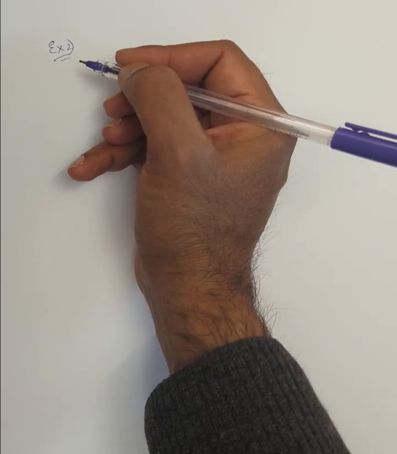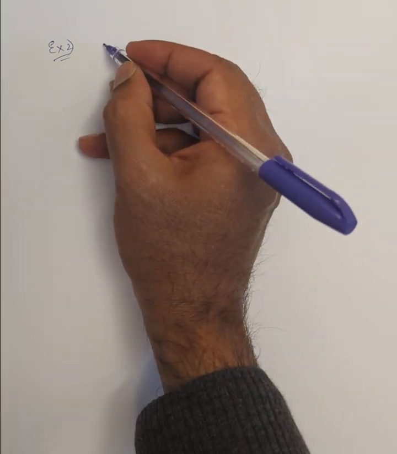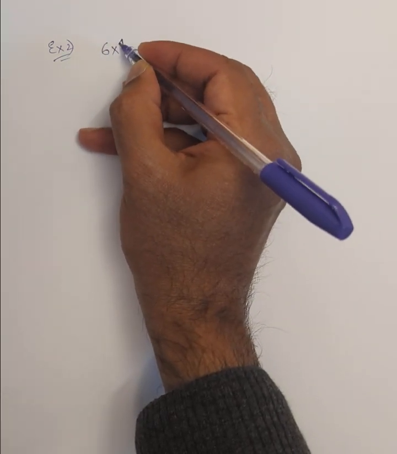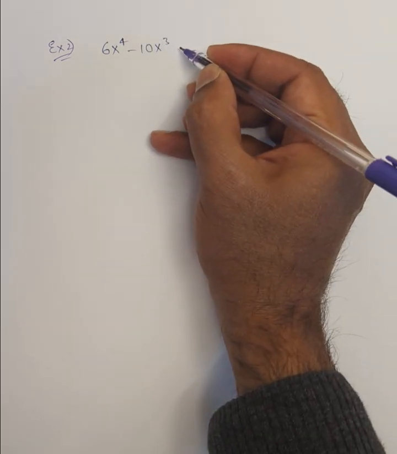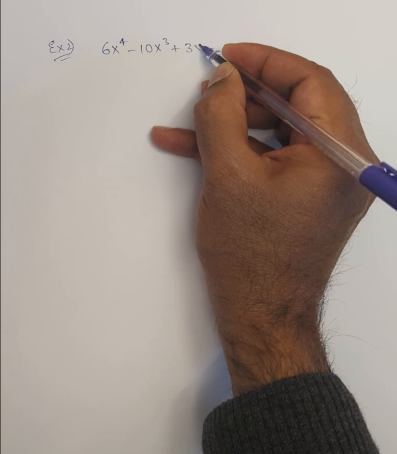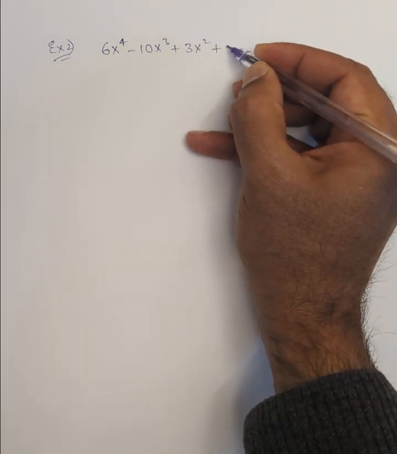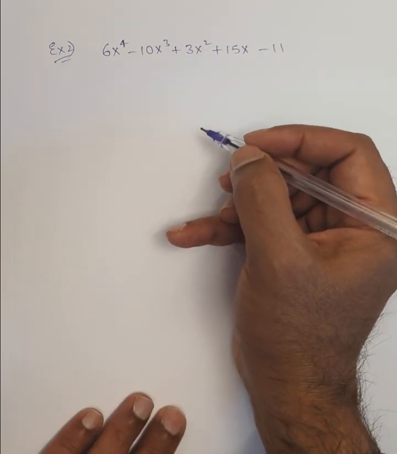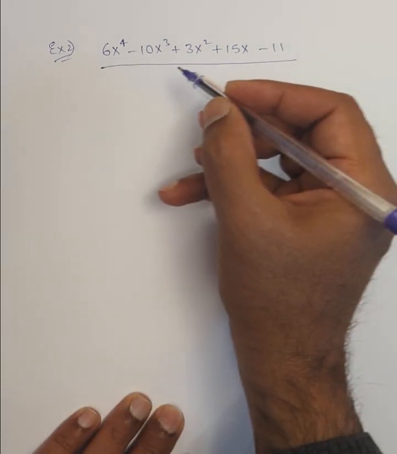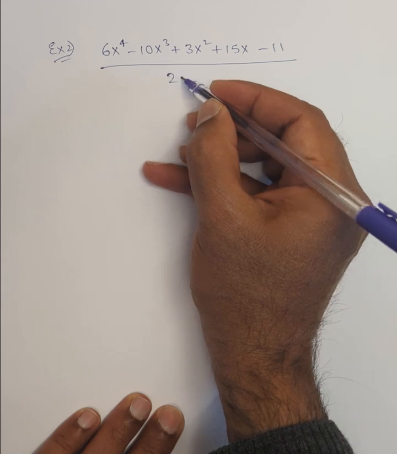Let's look at one other example where this time you have a little bit longer polynomial. 6x to the 4th minus 10x cubed plus 3x squared plus 15x minus 11, and you want to divide by 2x squared minus 3.